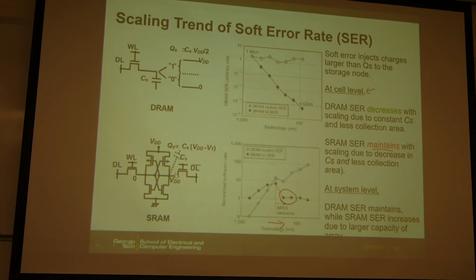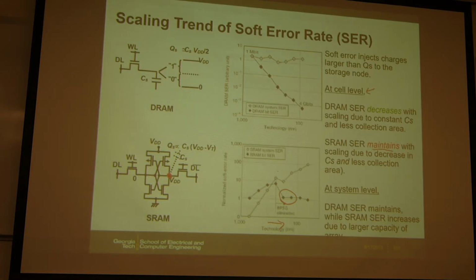The reason is that when you scale the technology node, the capacitance of this node will reduce. And the charge you store there is capacitance times the voltage of this node. So this is the critical charge that you may need to flip the state. So when you scale the technology node, the capacitance reduces, and the critical charge also reduces, then it may be easier to flip.